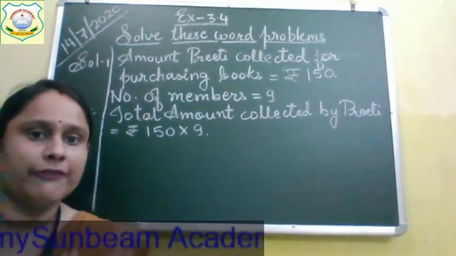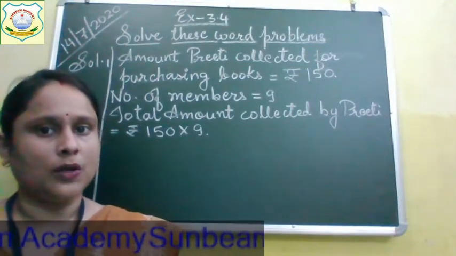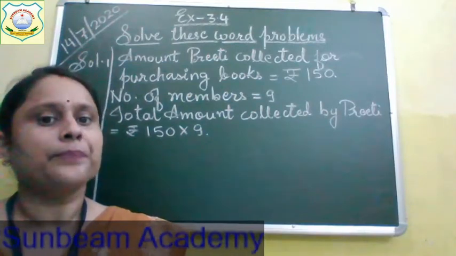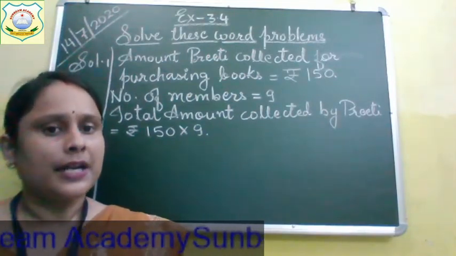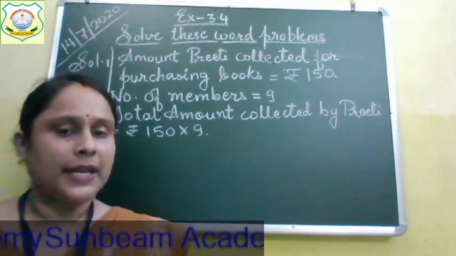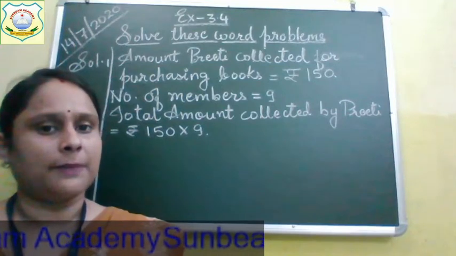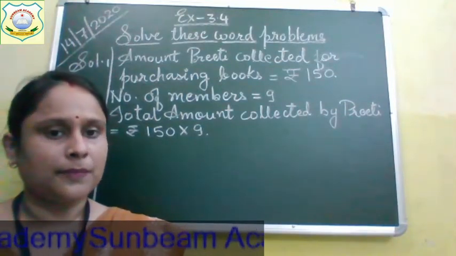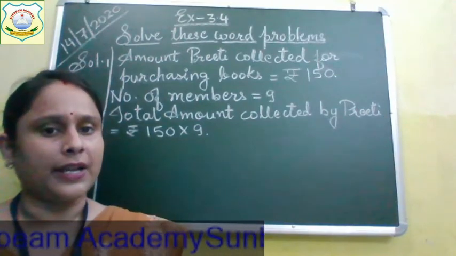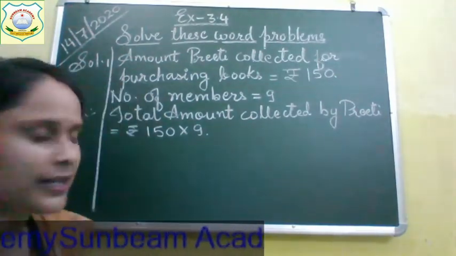So children, your first step is amount Preeti collected for purchasing books is equal to rupees 150. How many members were there? Number of members 9. So total amount collected by Preeti is equal to rupees 150 into 9. Now let's multiply 150 into 9.